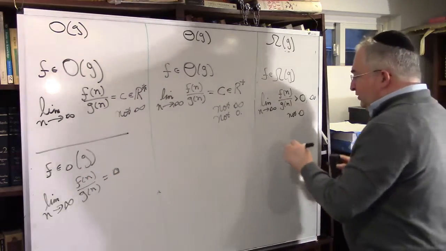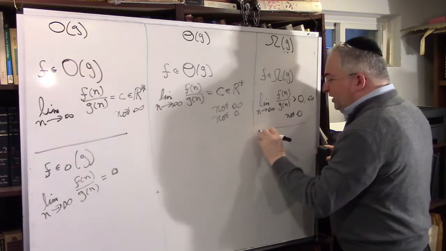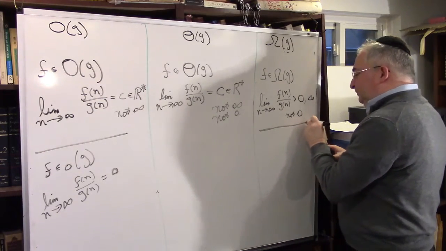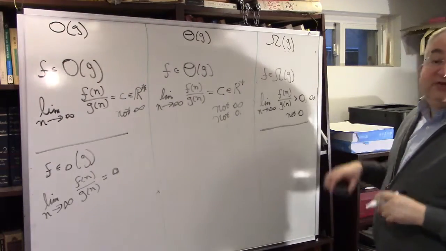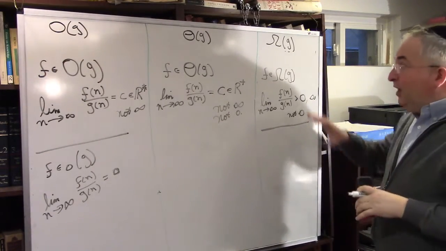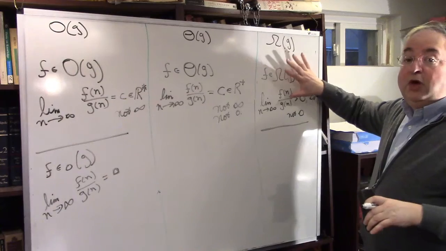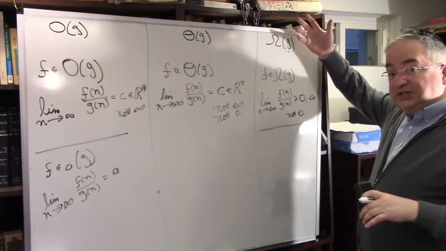Okay? We also had a subset of this. A subset of capital omega of g. Capital omega of g is those things that grow the same rate or faster.